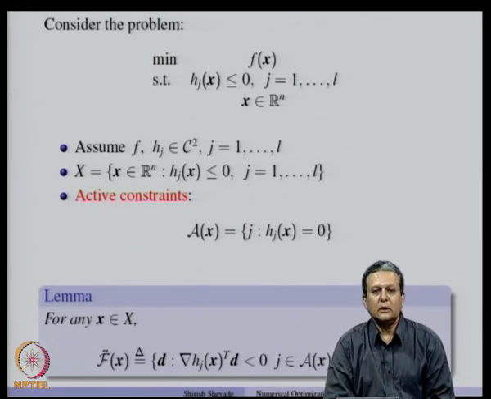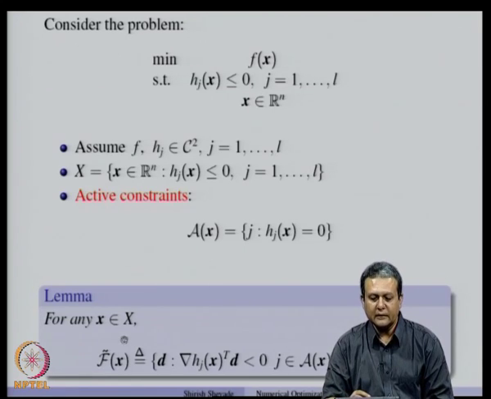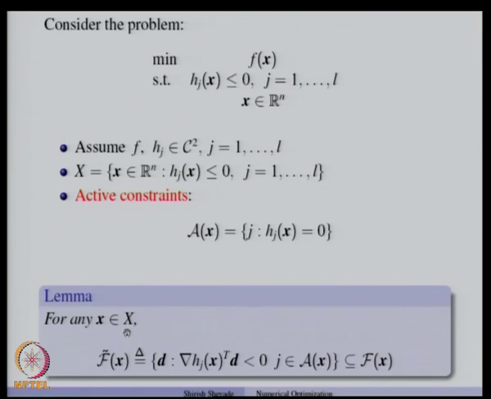Now, here is an interesting result, that for any feasible x, if we define f tilde x to be the set of all directions d such that gradient h j x transpose d less than 0, that means the directions which make an obtuse angle with the gradient h j x for all j in the set A x, the set of active constraints.